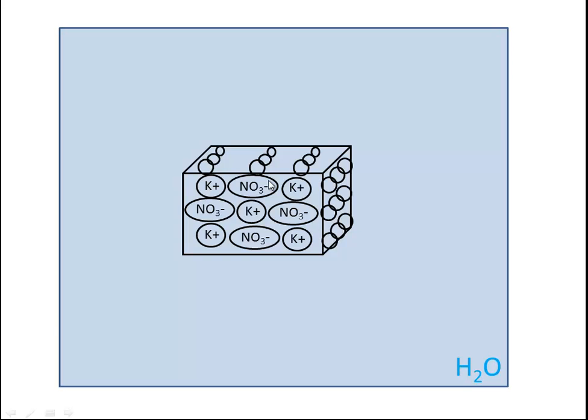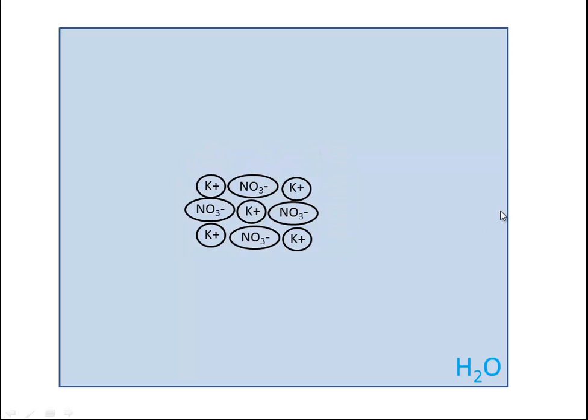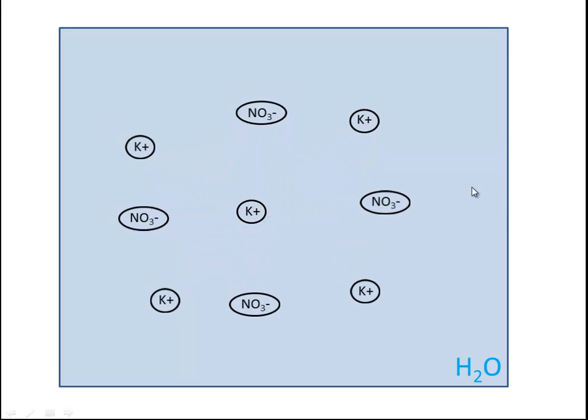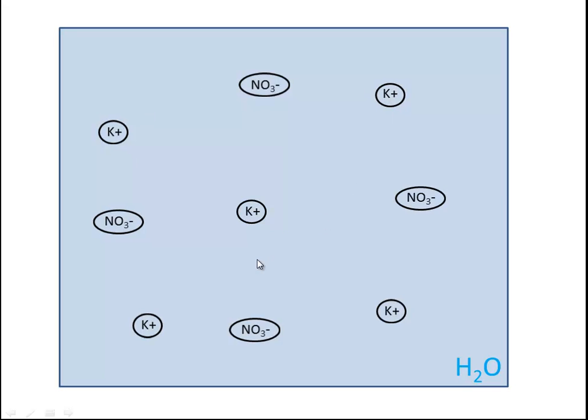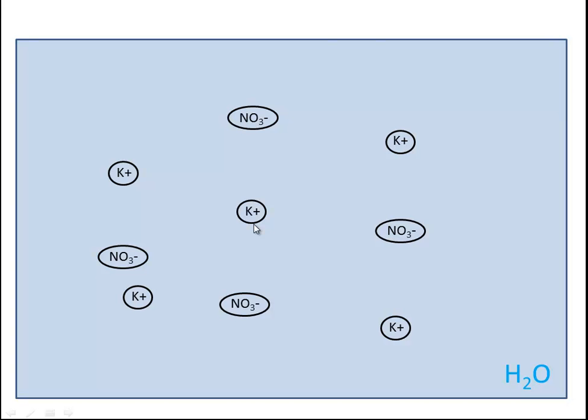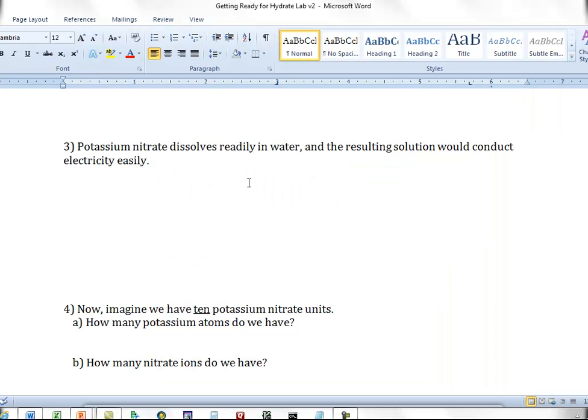When it dissolves, the ions separate from each other. The individual ions detach from the main structure and float off, surrounded by water molecules. The other thing that happens, it says here, is that the resulting solution would conduct electricity easily.